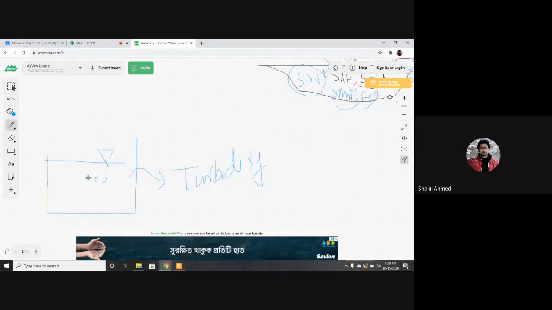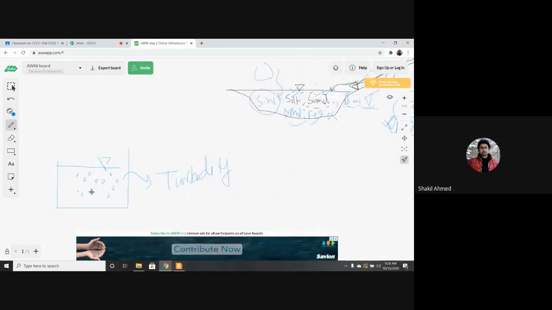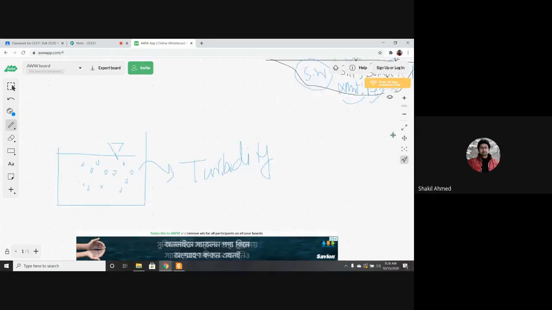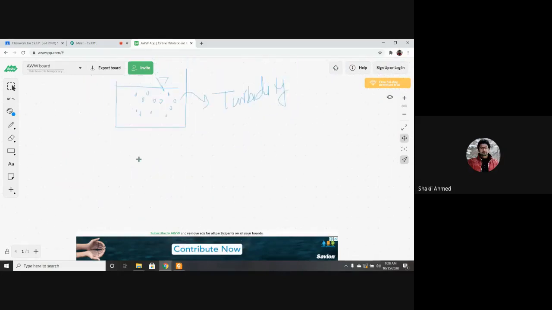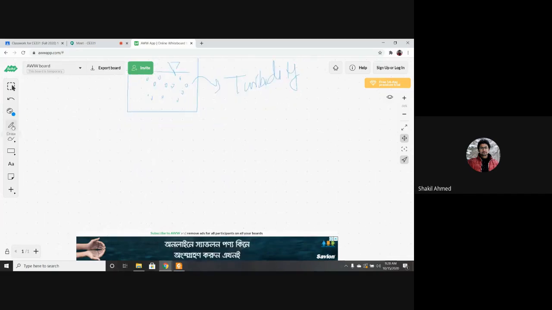How do you measure it? If you have turbidity in water, the water will be unclear, right? It will not be clear. How do you measure it? We have a machine called a turbidimeter in our lab.